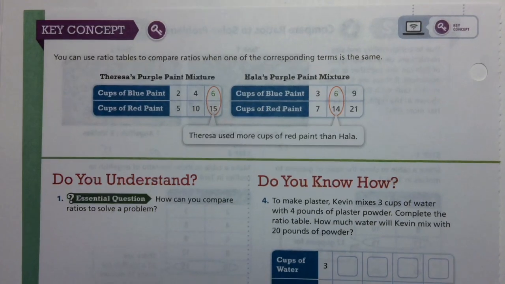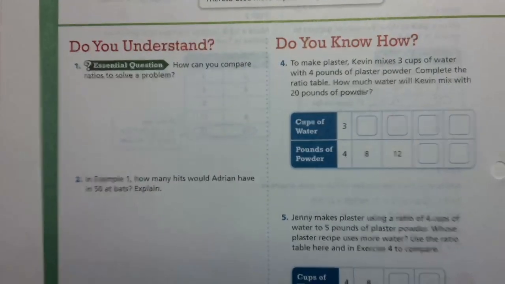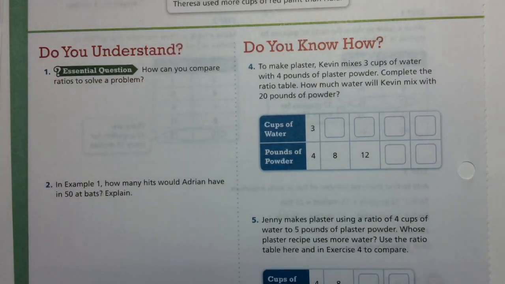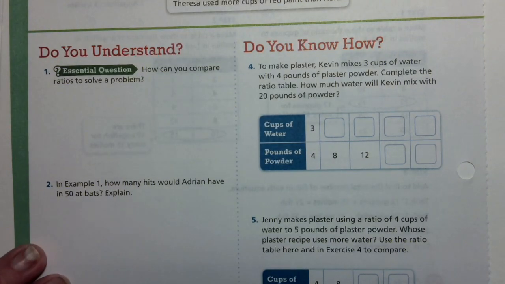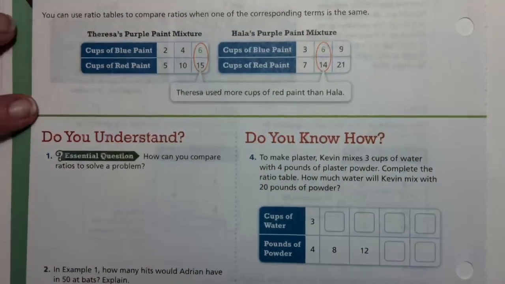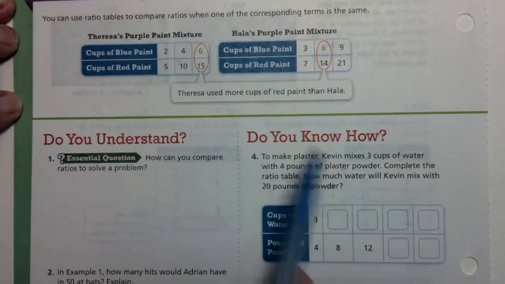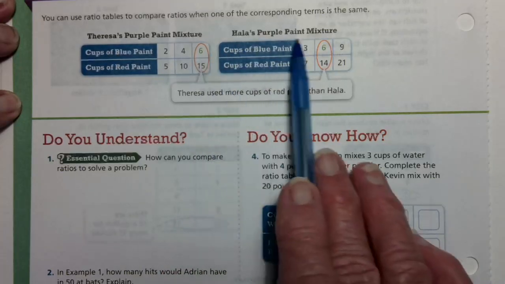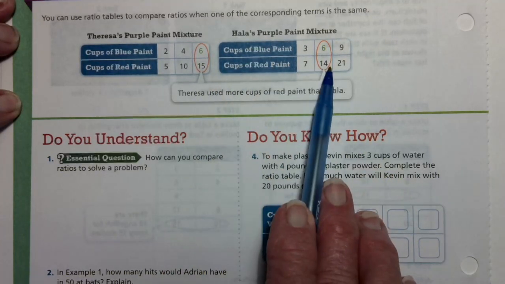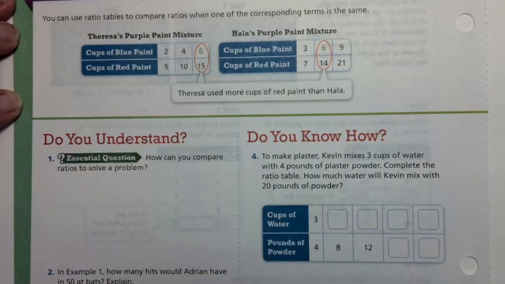All right, do you understand? Number 1. How can you compare ratios to solve a problem? I would use ratio tables, and when you find one number that matches, then you can compare the others. Okay, here's what I'm talking about. When you make a ratio table, and when your 6s match, then you can compare your other number and make a determination on that.